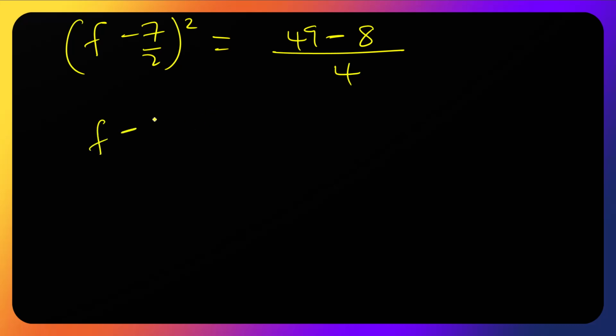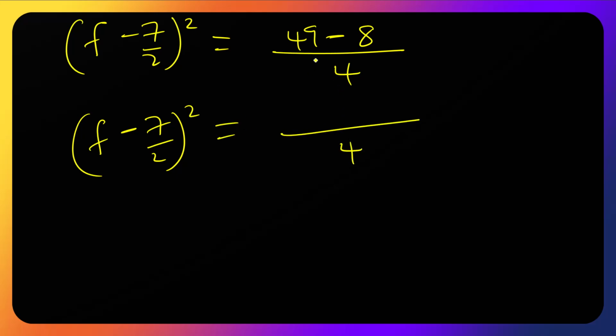So f minus 7 on 2 all squared, and this side will be 41 on 4.